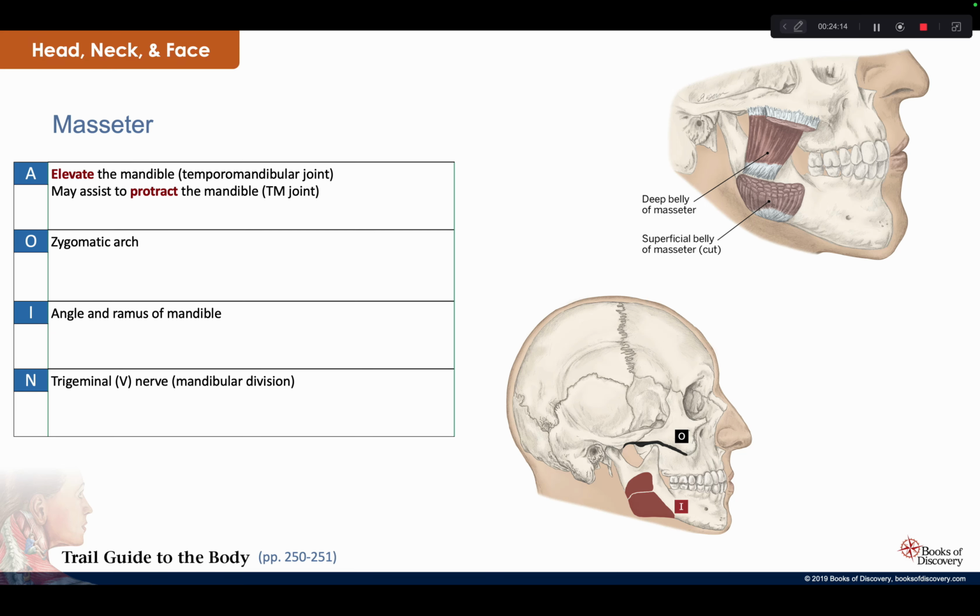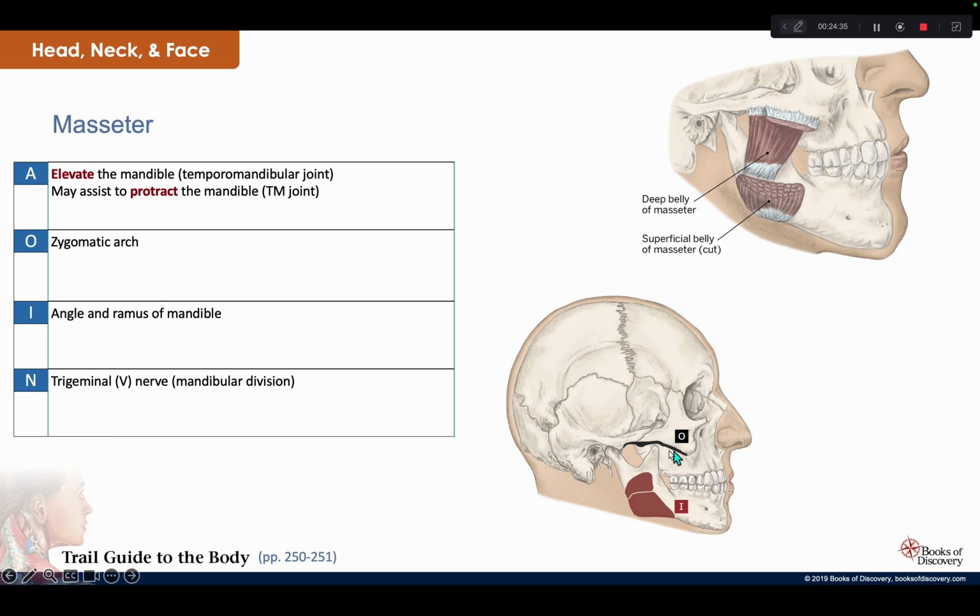All right, masseter. So the masseter is responsible for elevating your mandible, and it may assist in protracting it. All right, and you'll feel that movement at the temporomandibular joint. All right, so you got your zygomatic bone.